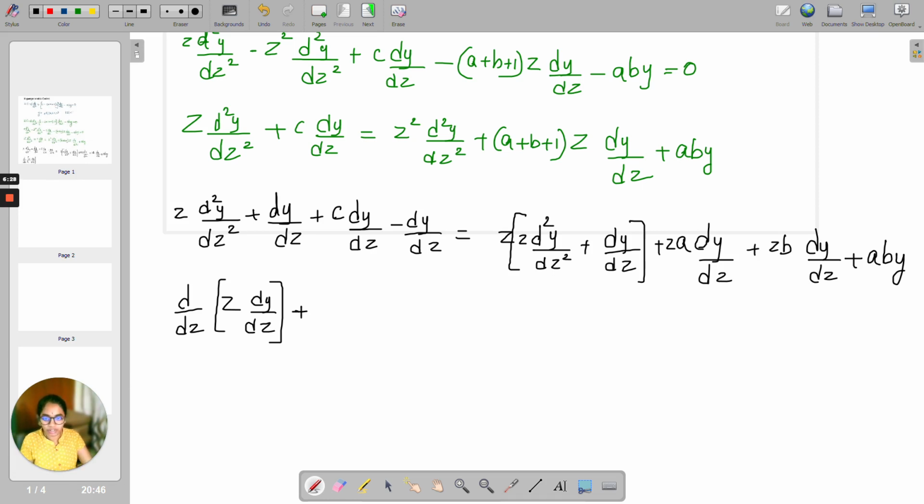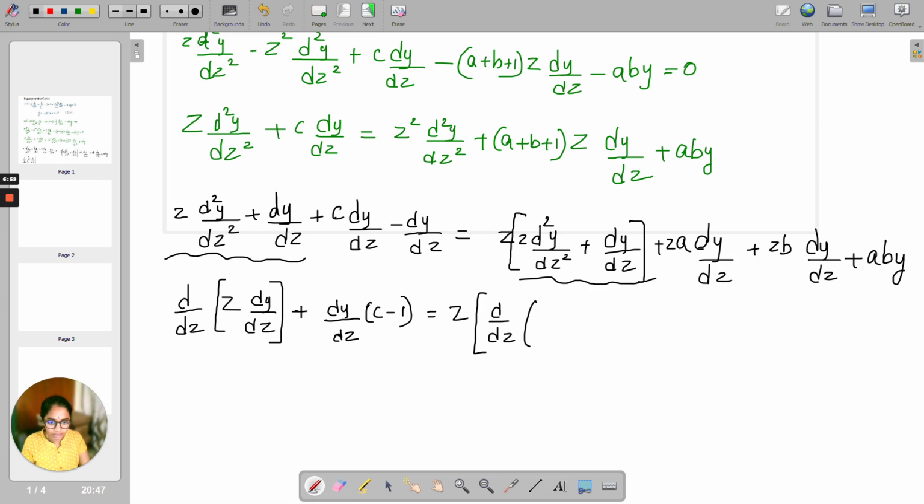If I take d by dz common, I would get dy by dz into c minus 1. Can you see that this and this are same? Let me write the same thing over here: d by dz of z dy by dz.